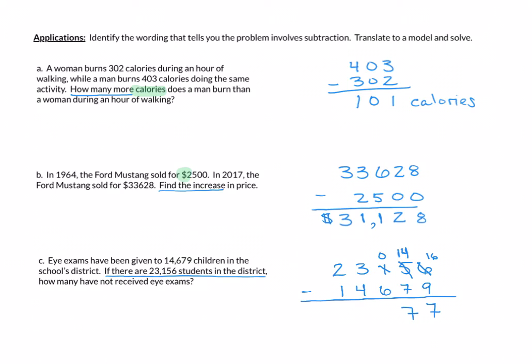And we move to the left. Can I do 0 minus 6? Can I take 6 away from 0? The answer is no. So we need to borrow. We're going to take 1 away from 3. It becomes a 2. And my 0 becomes a 10. 10 minus 6 is 4.